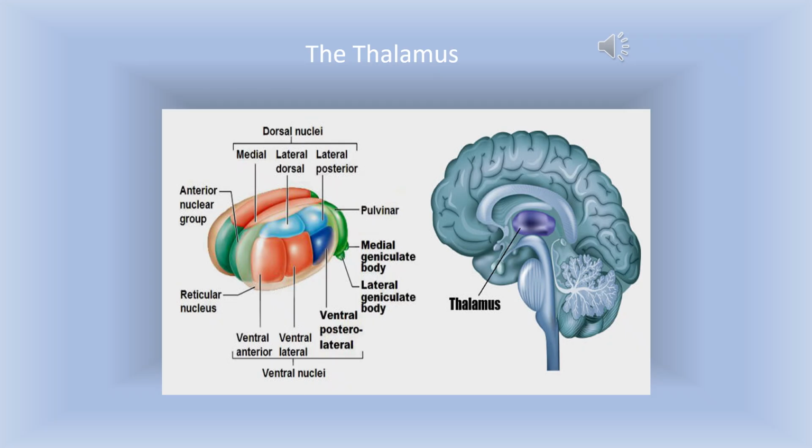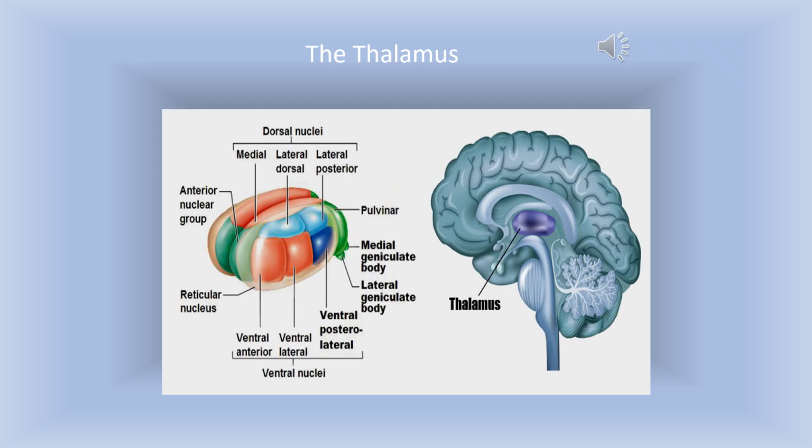Sensory signals go through the thalamus. Motor signals go around the thalamus, but that doesn't mean the thalamus has nothing to do with motor functions. It does, because the thalamus connects to the basal ganglia. That would be the caudate nucleus, the globus pallidus, and the putamen. Those nuclei influence the motor pathway.